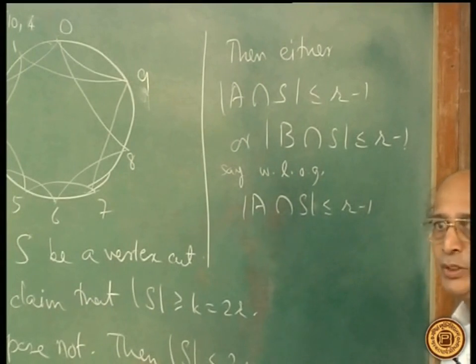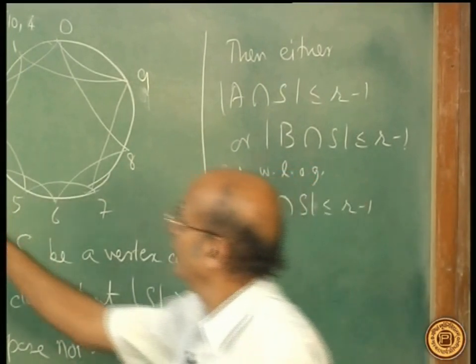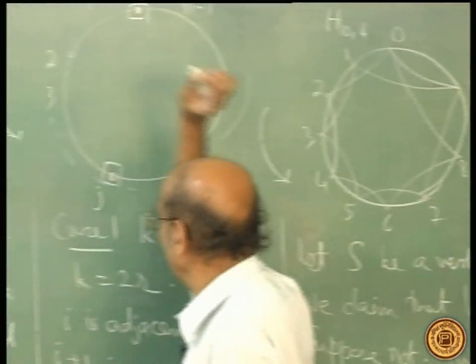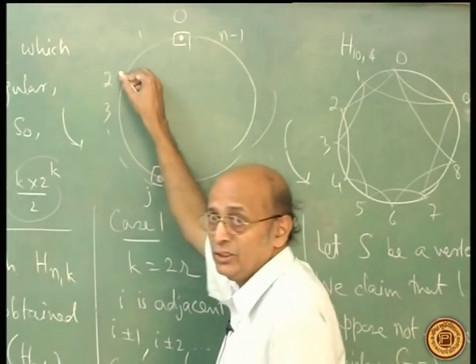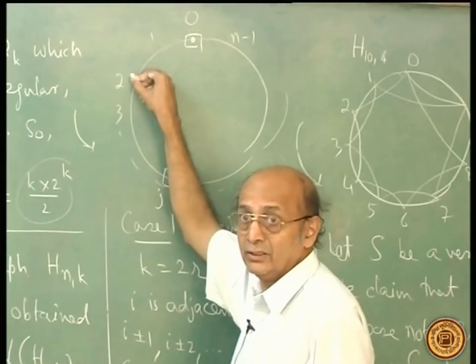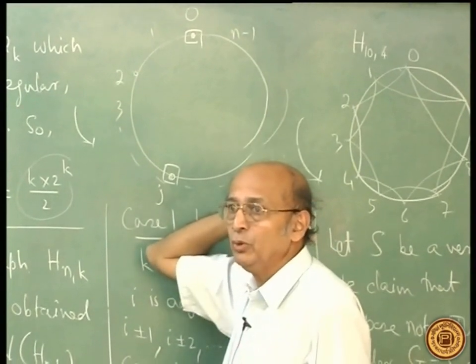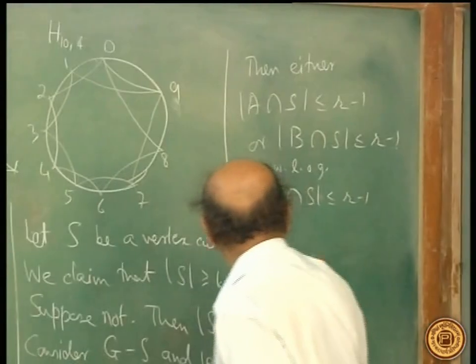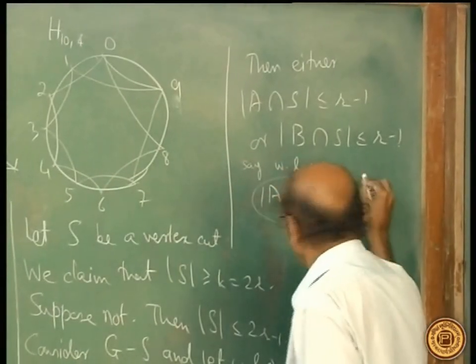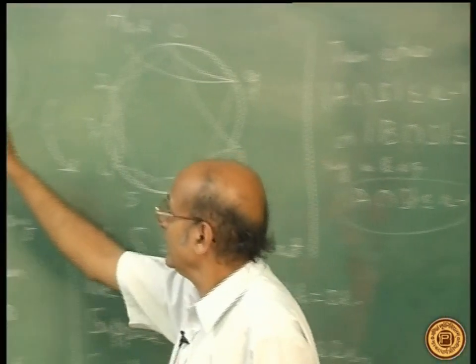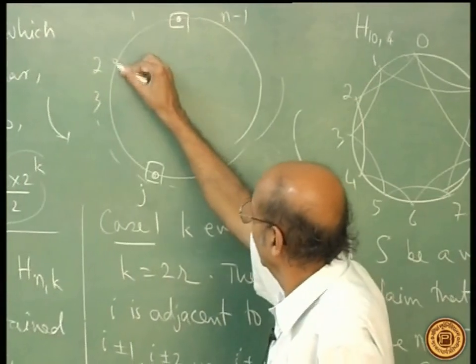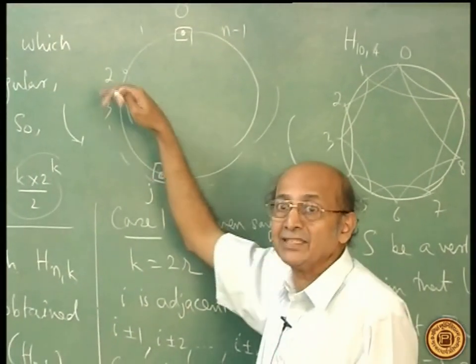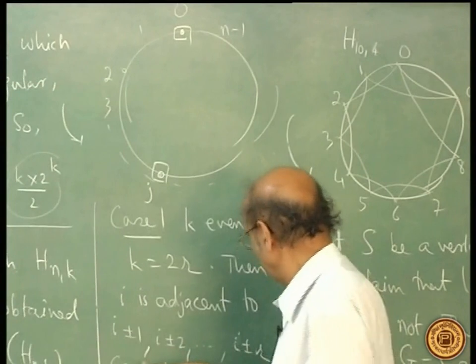Now I can argue that for every vertex that survives, look at a vertex here in G minus S. How many vertices have been removed in A? The number removed is r minus 1, whereas this vertex totally on this side has r neighbors. It has r neighbors by construction.